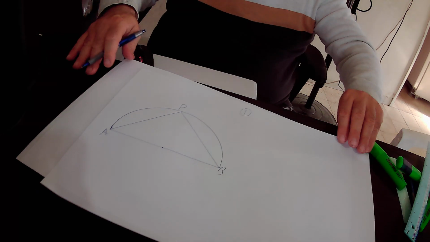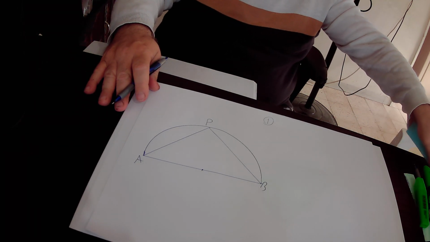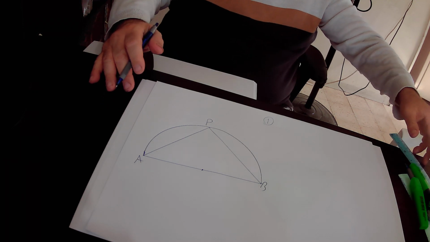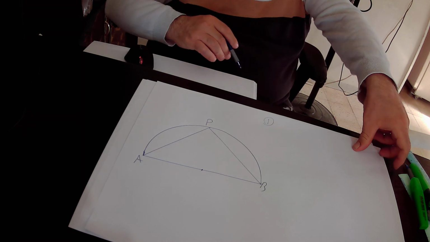So actually, this is the white semicircle according to the original drawing. AB is the diameter of this semicircle, so I'll write it down.